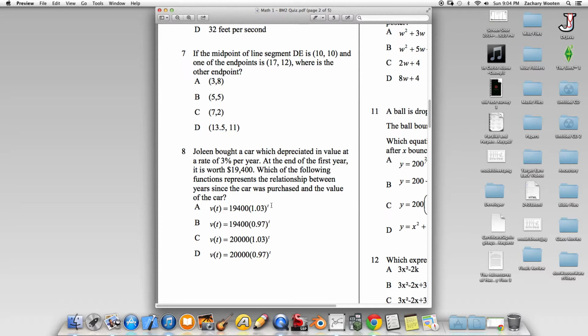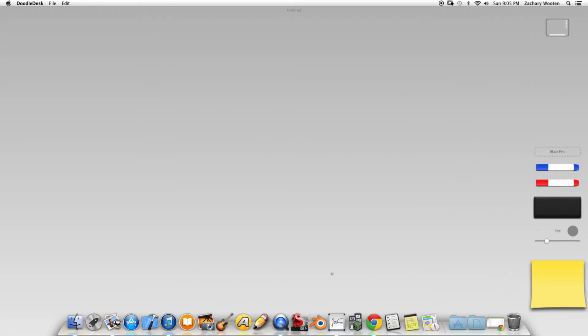Now, if it says it's depreciating at a rate of 3% per year, think about this. What percent of the original value was your car worth the moment you bought it? Okay, you paid 100% of the original price. Now, if it is decreasing 3% from the original 100% that you paid for it, what is 100% minus 3%? 100% minus 3% is going to give you 97%.